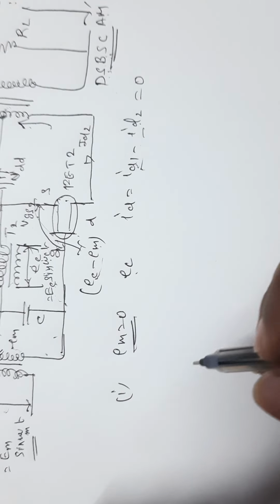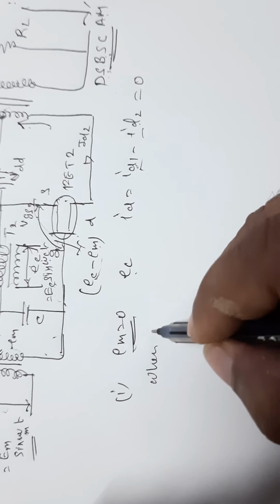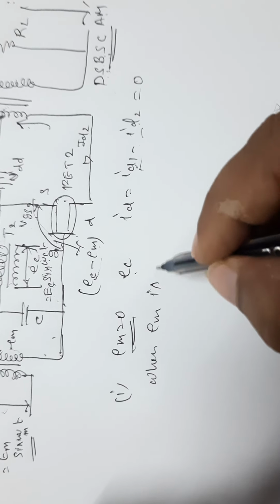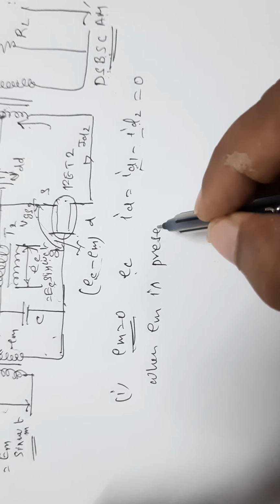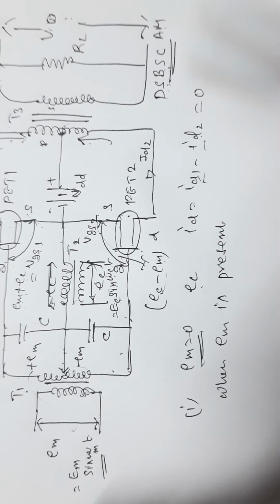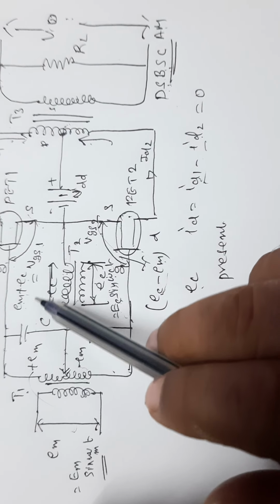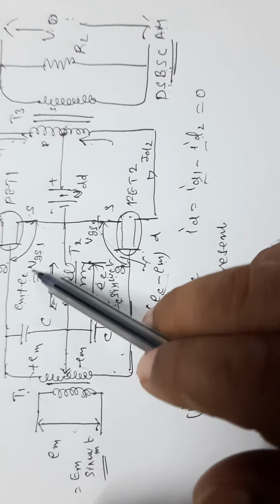Now consider when EM is present, that is, when the modulating voltage is present. When the modulating voltage EM is applied, the net voltage VGS1 is EC plus EM.